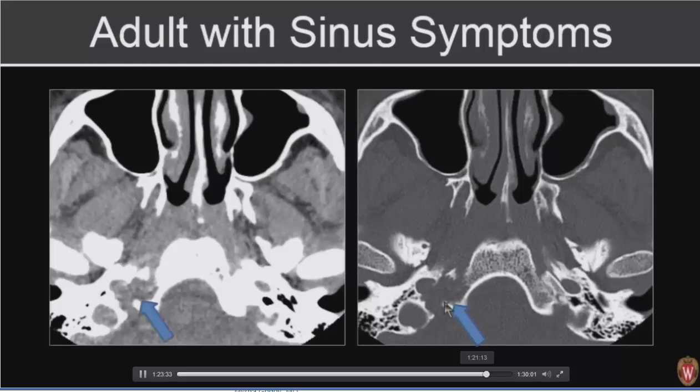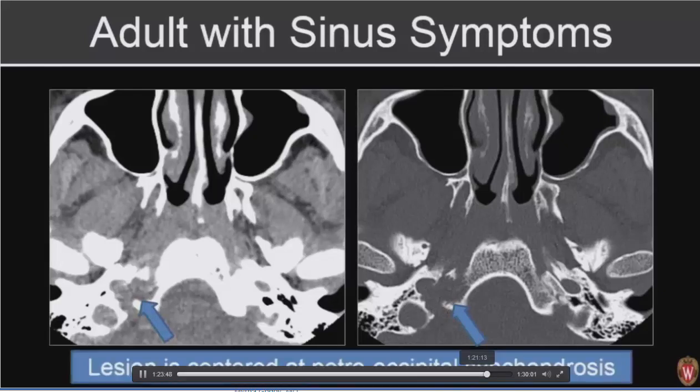So we can see here that the margins are somewhat ill-defined, and potentially you could try to hallucinate some matrix, but I'd say that the matrix component within this lesion is not very significant in this particular case.